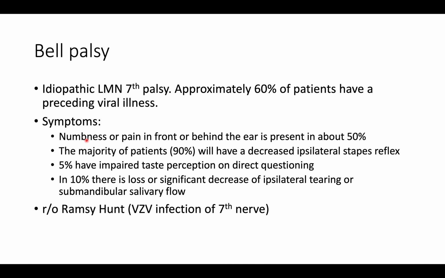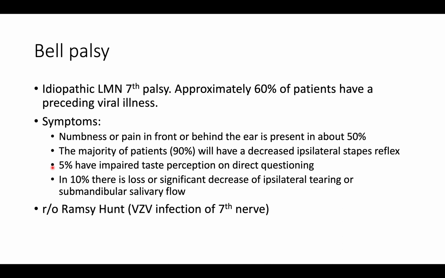What are the symptoms? Symptoms are numbness or pain in front of or behind the ear, and it is present in about half of the cases. The majority of patients, mostly 90%, will have a decreased ipsilateral stapes reflex. 5% have impaired taste perception on direct questioning, and in 10% there is loss or significant decrease of the ipsilateral tearing or submandibular salivary flow.